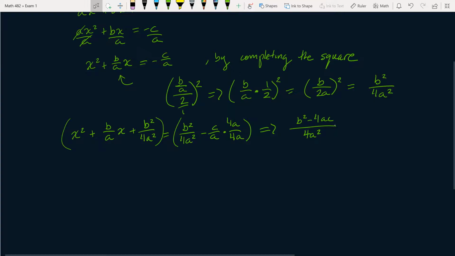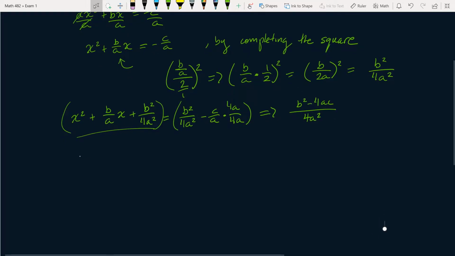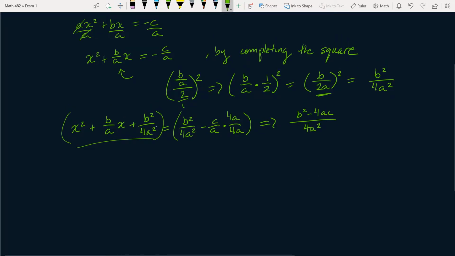This is already looking like the form. So now we can factor this by just using what we completed the square to.